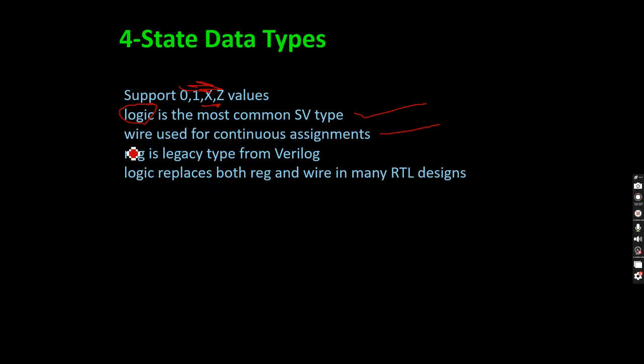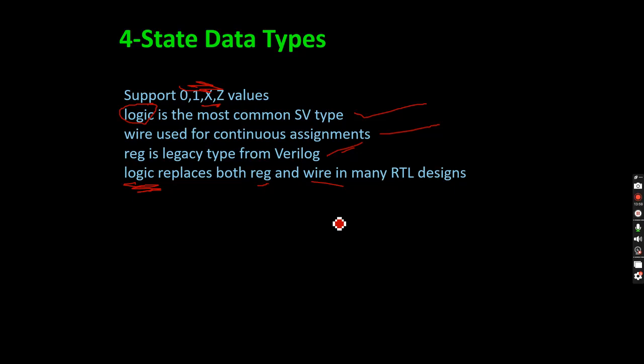Reg is the legacy type for Verilog. Reg also will be there. Wire also will be there. Logic is there. So what's the importance of logic? It will replace both reg and wire. If you just recap, in a testbench you declare inputs as reg and outputs as wire.